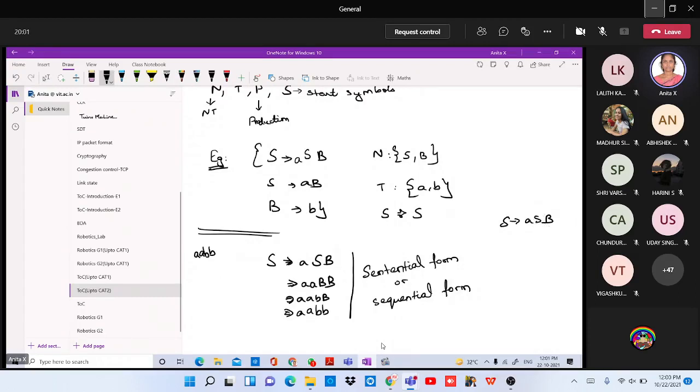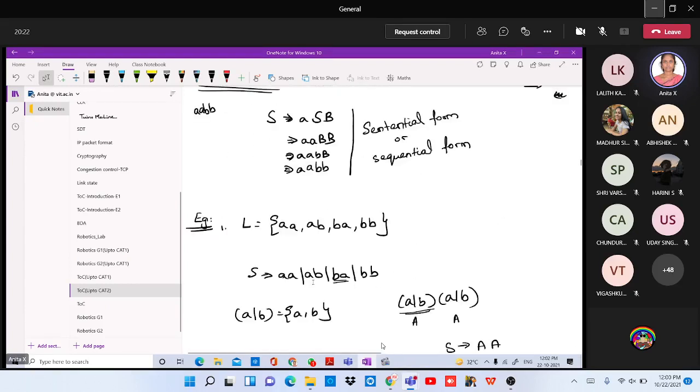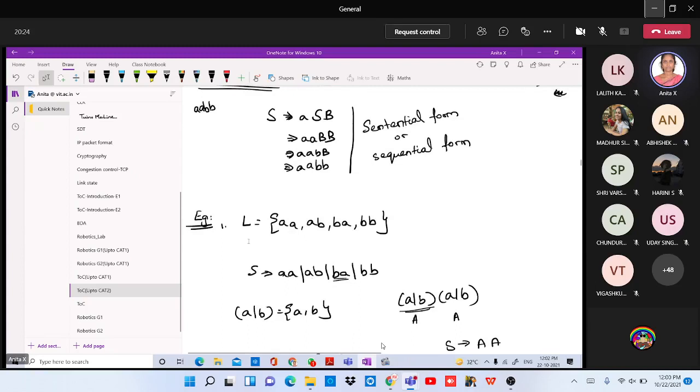So if I start reducing this, I can either scan this way or this way, okay? If I'm scanning in this way, then it is going to be leftmost. If I'm scanning this way, then it is going to be rightmost derivation, okay? The end thing is that I have to get the string that belongs to that language. That's it.